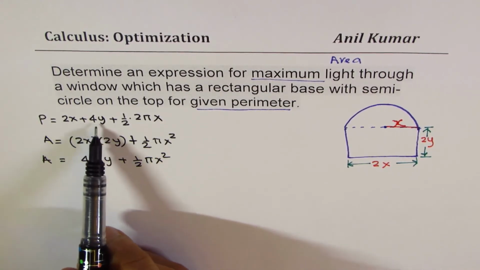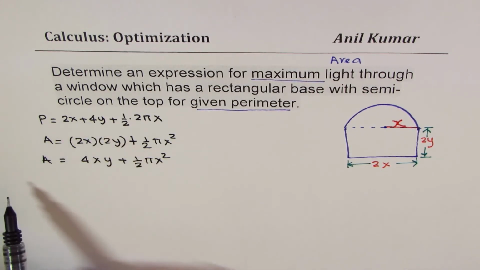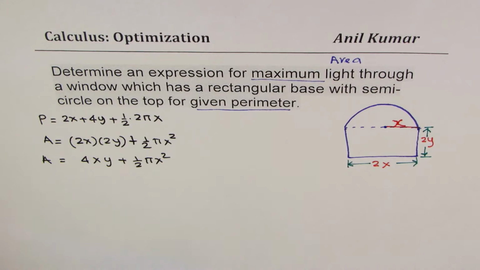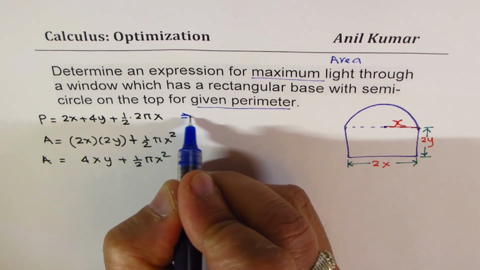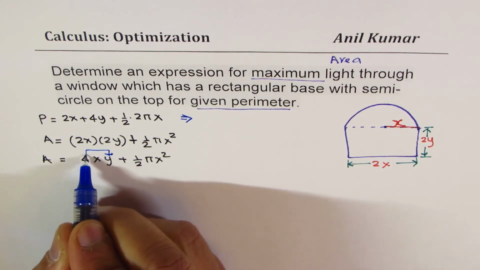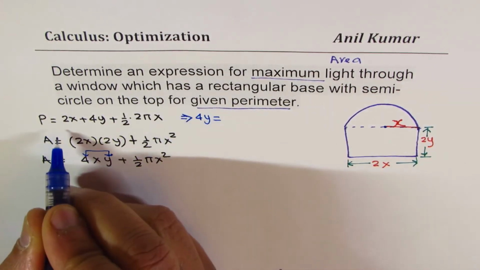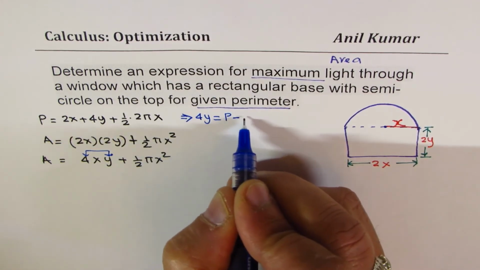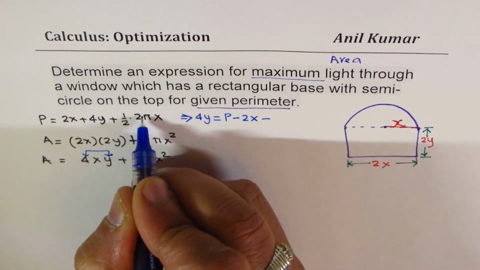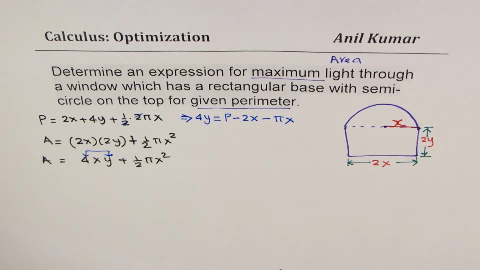So here we have 4y in the perimeter term, which we can isolate, correct? So let's do that. From this equation, we can write what 4y is, so we can combine these two terms, right? That becomes simpler. So we know 4y is equal to perimeter p minus 2x minus pi x. So that is the expression for 4y.